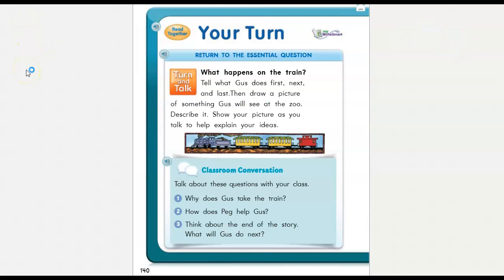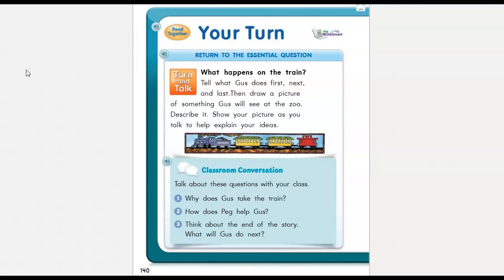Next, if you would like, it says that you can draw a picture of something that Gus will see at the zoo. So if you think about what kind of animals are at the zoo, there might be an elephant, a giraffe, sometimes there are birds and zebras, depending on what kind of zoo you go to.